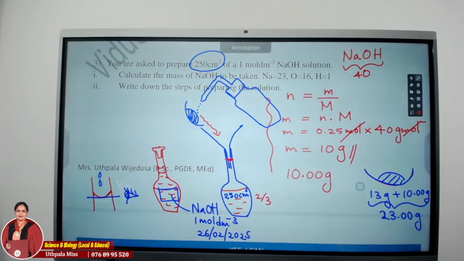After this, we remove the funnel and close the volumetric flask with its lid. Then we use this technique to correctly mix the solution. Here we have to mix it 2-3 times. Keep in mind that we have to reduce the contact with the bulb of the volumetric flask as much as possible. So, when mixing, we do it as quickly as possible and touch the bulb of the volumetric flask with our fingertips to minimize the contact.